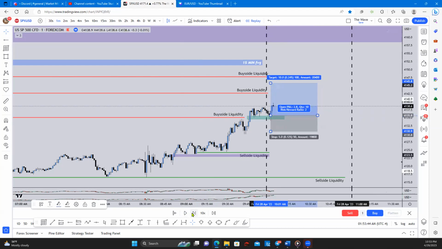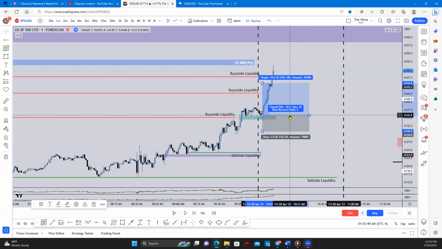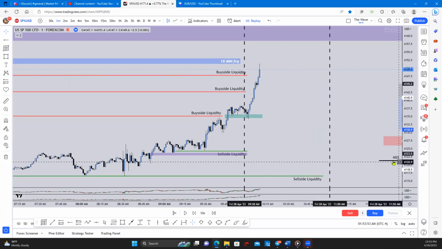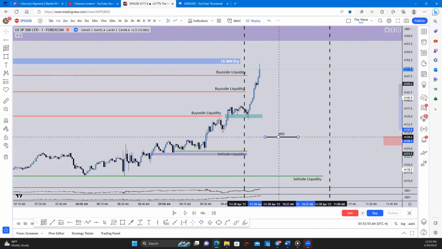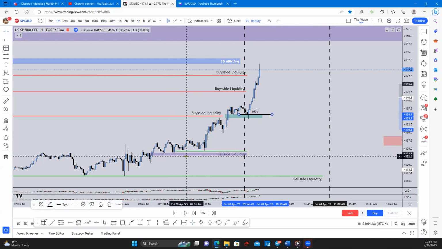Put price forward. Price runs up. Now, me personally, the trade I was doing, I was trailing my swing low as we moved up. So seeing this happen, I generally like to wait for liquidity to get ran first.